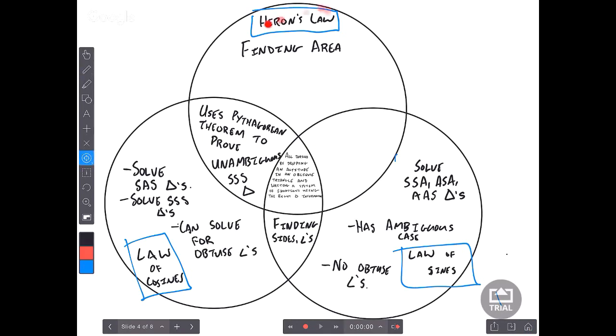Heron's law is for finding areas. Law of sines and law of cosines are for finding sides and angles. Law of cosines is good when we need to solve side-angle-side or side-side-side situations, and with the law of cosines we can get obtuse angles, whereas with law of sines we can't. Law of sines has an ambiguous case, but it's helpful for side-side-angle situations. That's the ambiguous case. Also angle-side-angle and angle-angle-side.